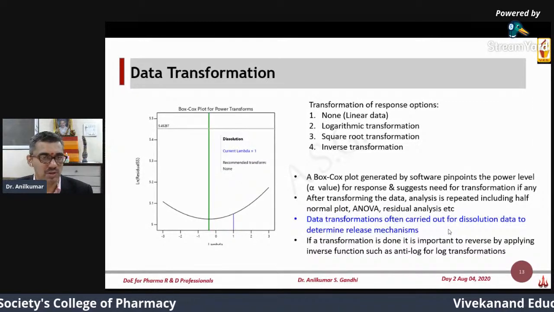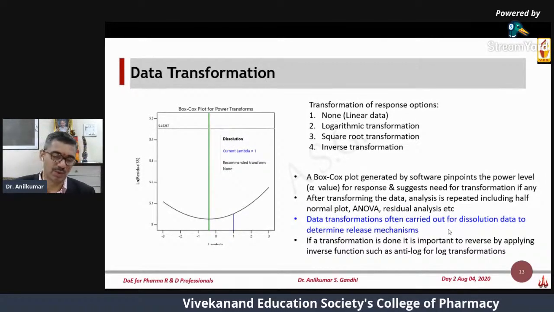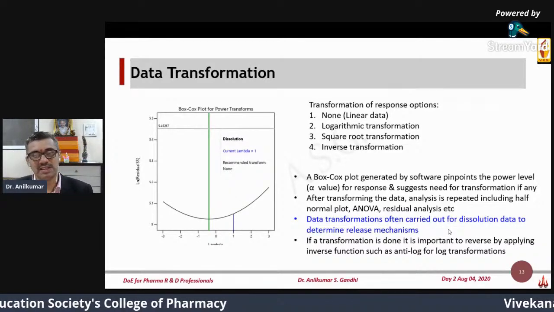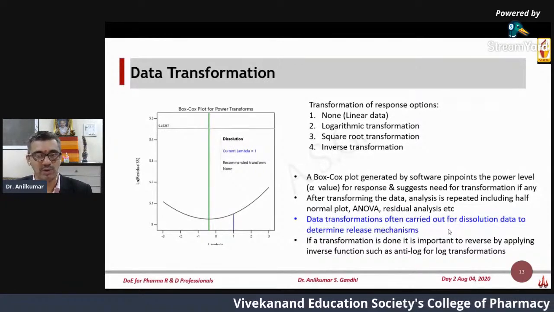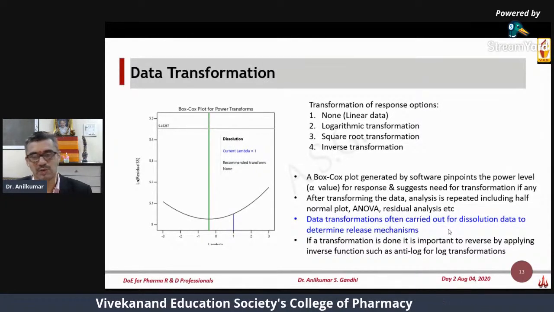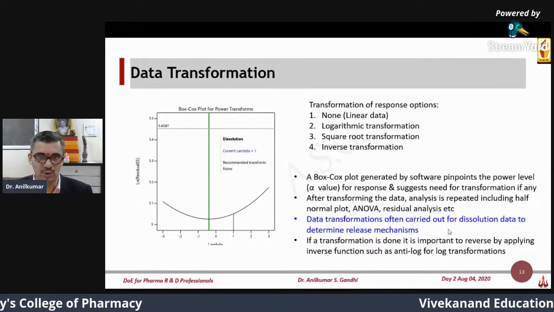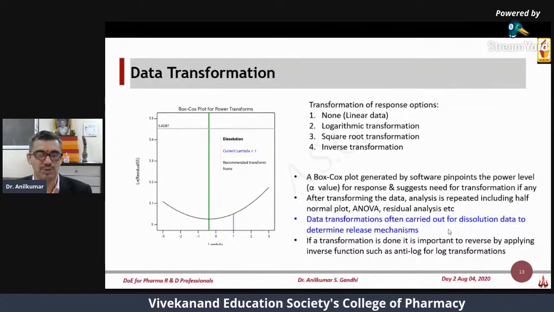Now, if the Box-Cox plot says that you need to transform the data, what do we do? No transformation means your data is as such linear. You can do logarithmic transformation, you can do square root transformation, you can do inverse transformation. Now, when we say this transformation, you really don't have to do anything. You have to give commands to the software.